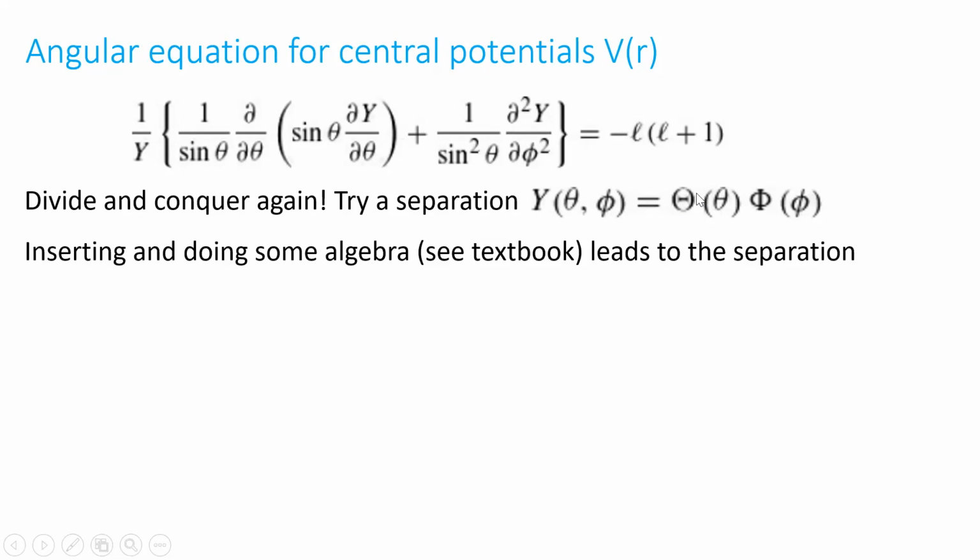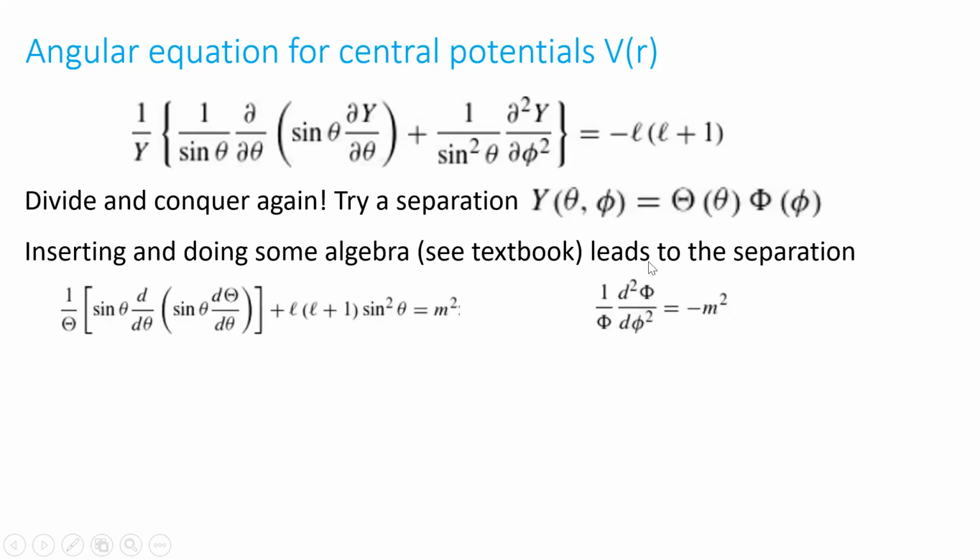Again, inserting Y equals capital Theta times capital Phi, doing some rearrangement and some algebra, again see the textbook for the specific steps, leads to a separation that looks like this. Here we call the separation constant m squared.